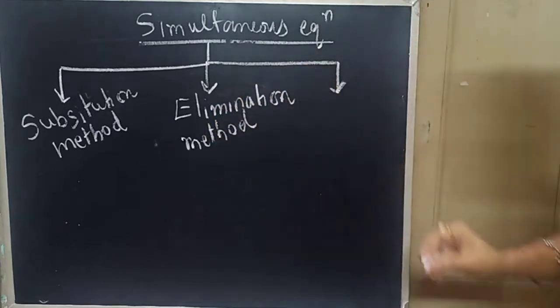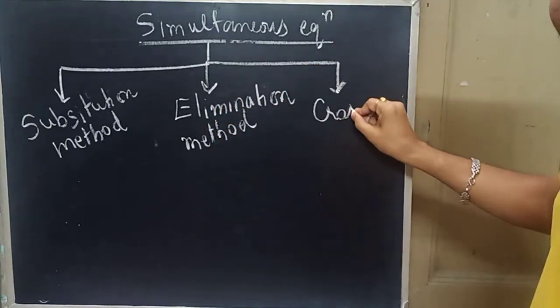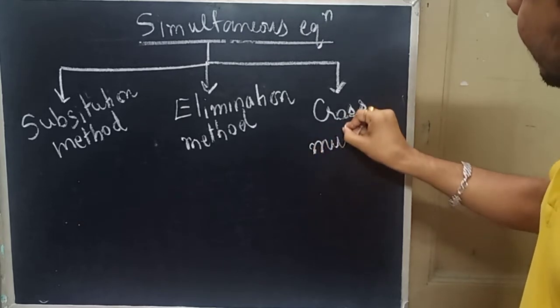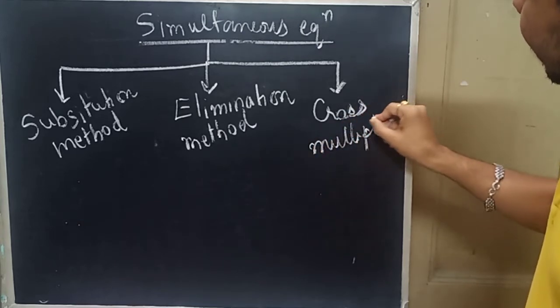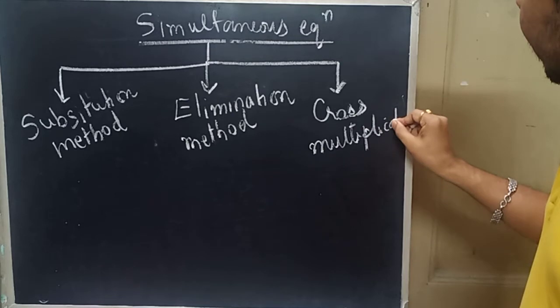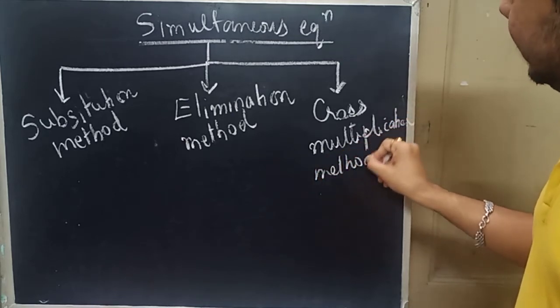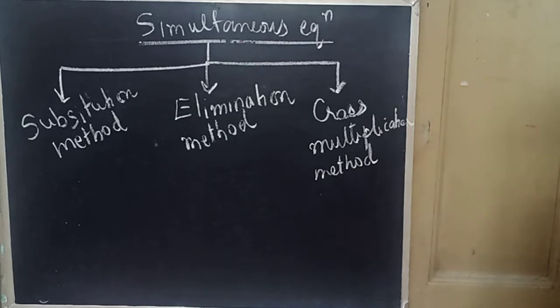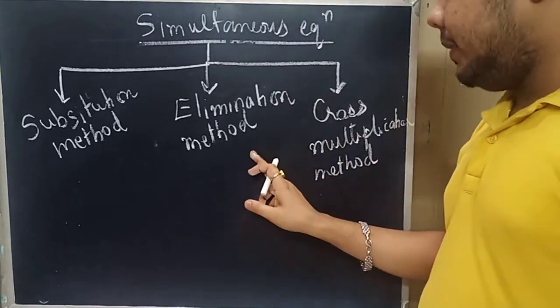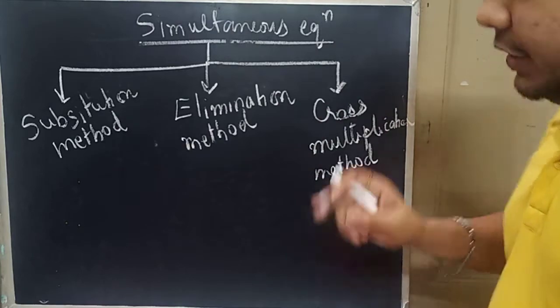And the third method is cross multiplication method. So we are required to solve these equations by either the substitution method, the elimination method, or the cross multiplication method.